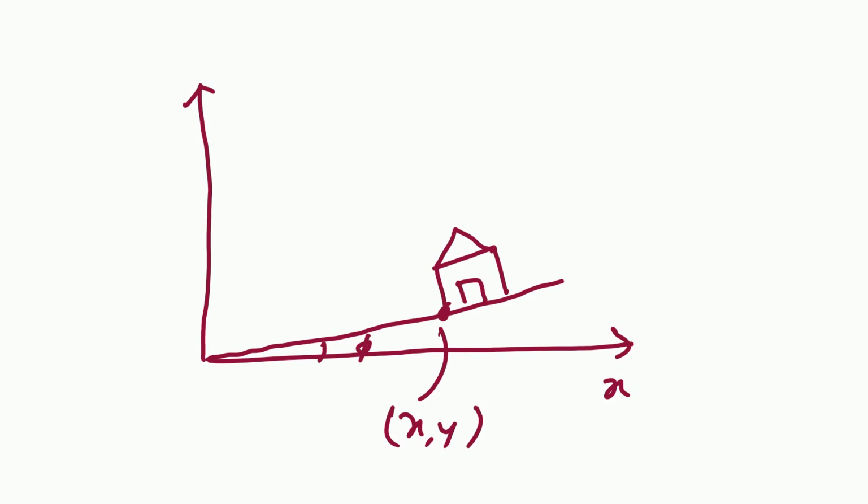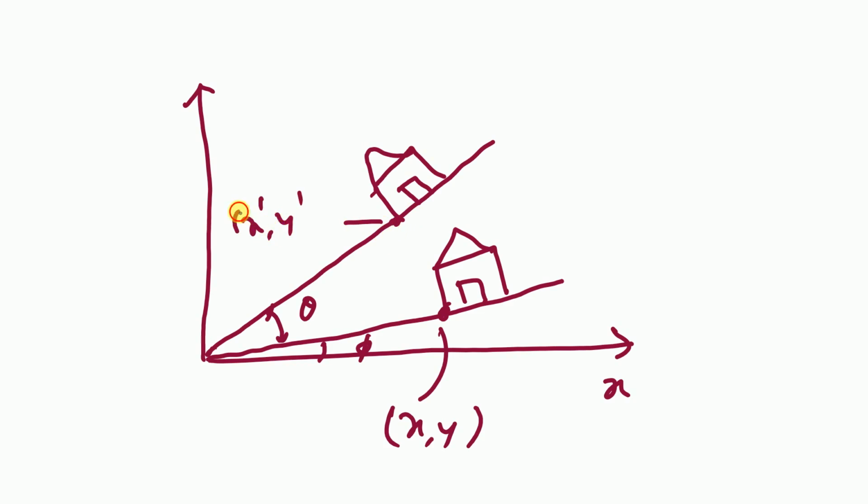Now the angle has to be rotated, so this object is moved to another angle around with respect to the origin, and this angle of rotation is given by theta, and the point now over here is x' and y'. So x and y are changed to x' and y' by adding the angle theta over here. So theta is the angle of rotation.